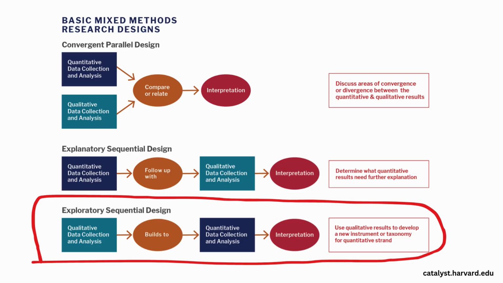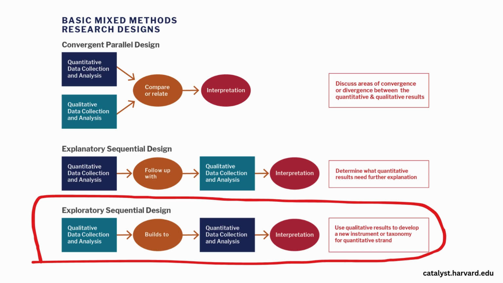The third one is exploratory sequential design. This design flips the explanatory sequential approach. You begin by collecting qualitative data to explore a phenomenon and generate insights, and then you use those insights to inform the development of a quantitative instrument. For example, if you're researching a new educational program, you might start with interviews to gather rich qualitative insights from program participants about their experiences.